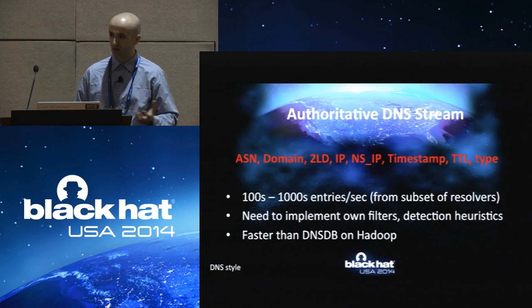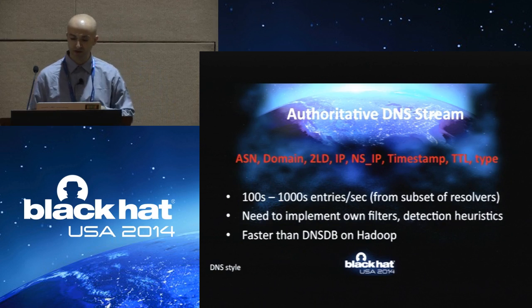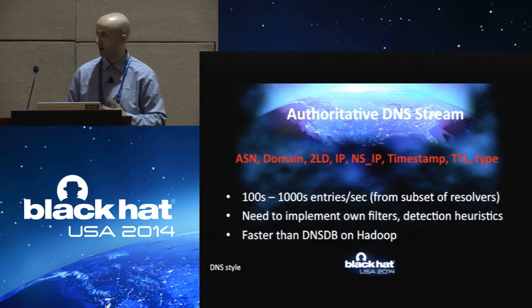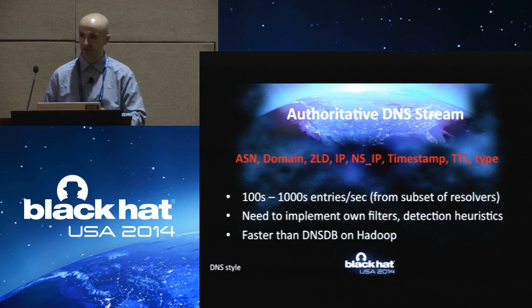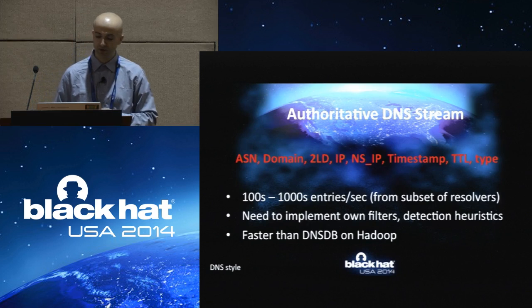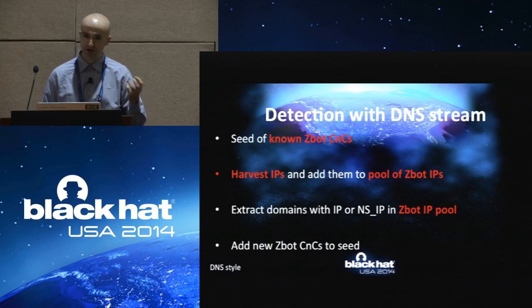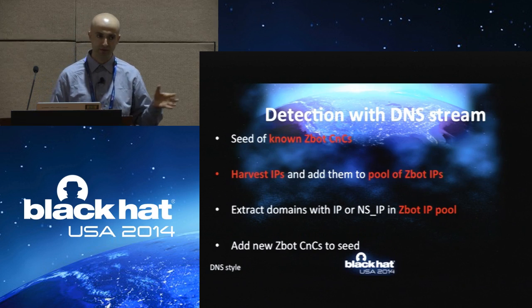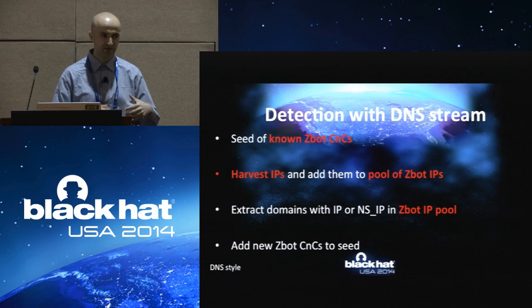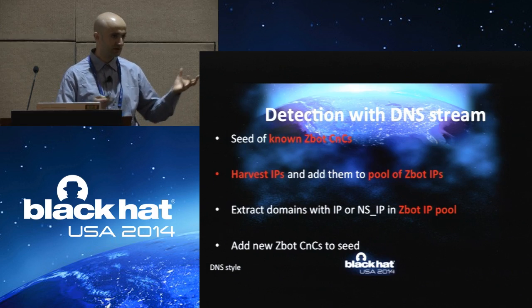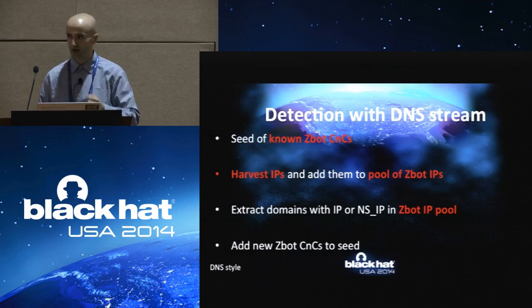The streaming-based method uses the authoritative DNS stream. This is the one that we have. And it's way faster than batch processing using Hadoop. But for that, you'll have to have your own heuristics, and you also have to have a seed of IPs. So you start with a seed of ZBot CNC domains and keep harvesting their IPs.